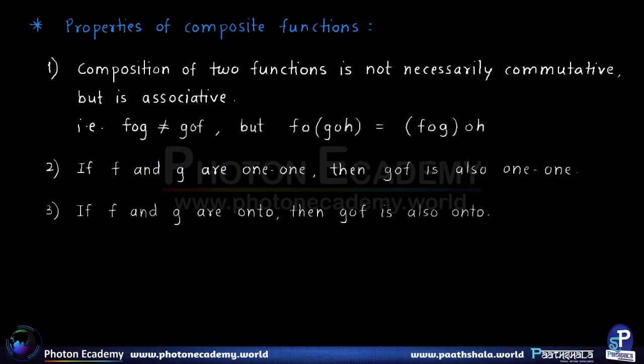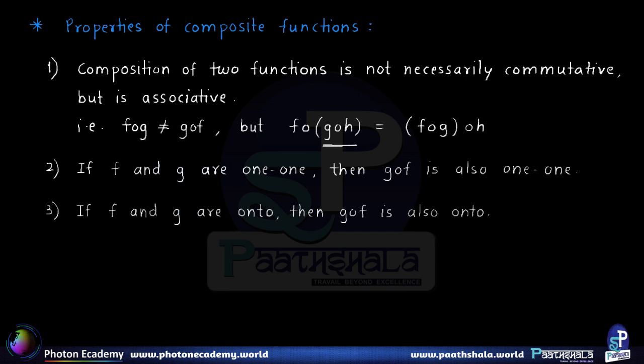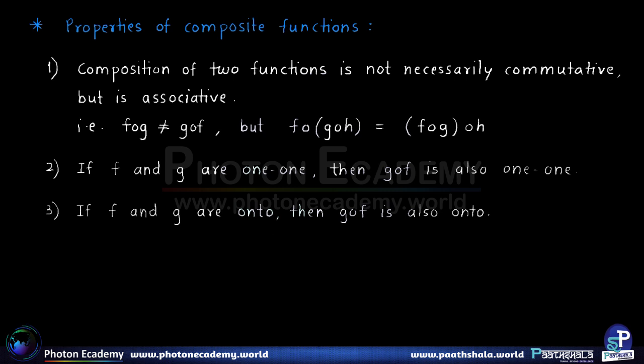However, the associative law is true for composite functions. If we associate g and h first in the composition and then associate with f, that is equivalent to associating f and g first and then taking its composite with the function h. Therefore the associative law is true for composite functions.